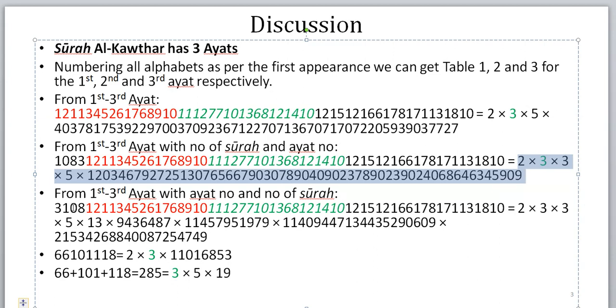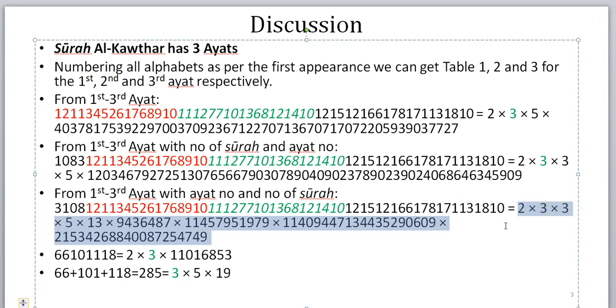If we do the vice versa, that means if we place the number of ayat first, then the number of surah, 108, second, and this big number at the third position, we see that this big number is also the multiplication of these prime numbers.